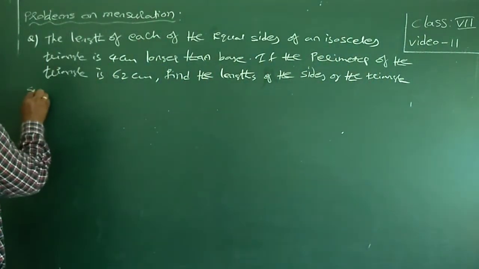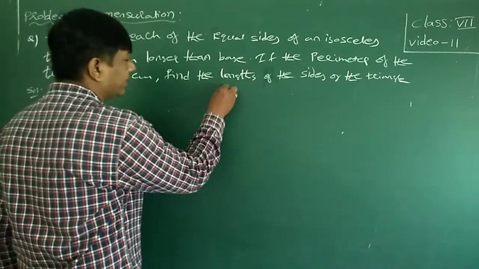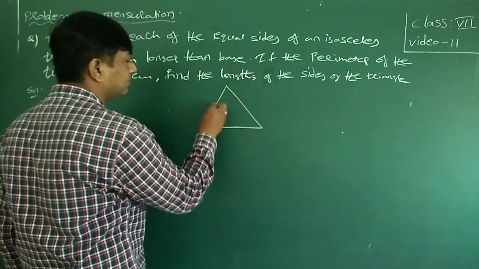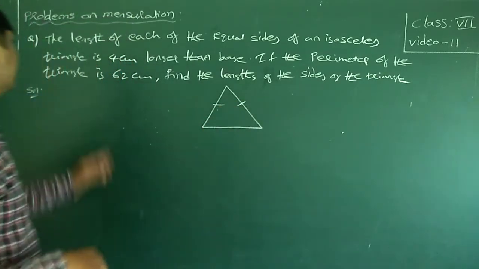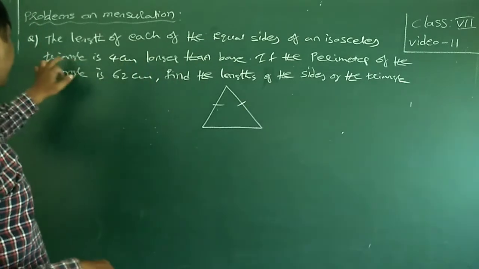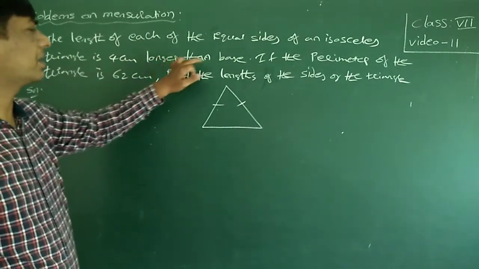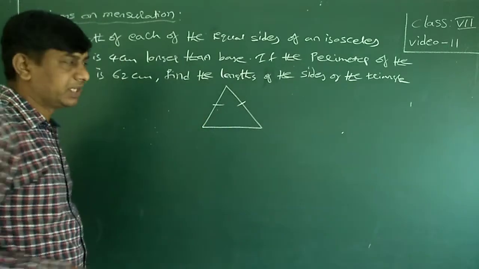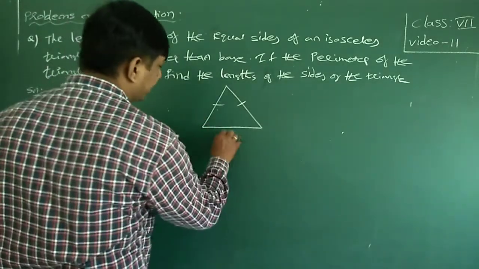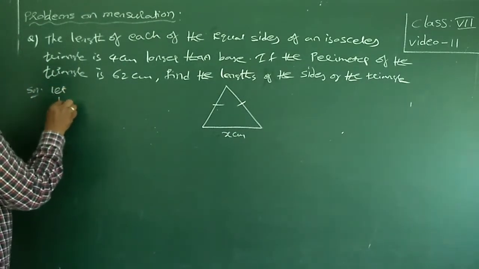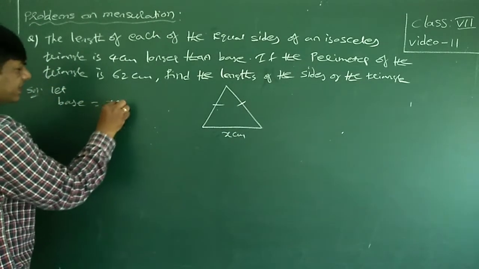See here, a little bit carefully. This is a triangle. These two sides are equal. The length of each of the equal sides of an isosceles triangle is 4 cm longer than the base. Means these two depend on the base, and the base is independent. Let the base be x centimeters.